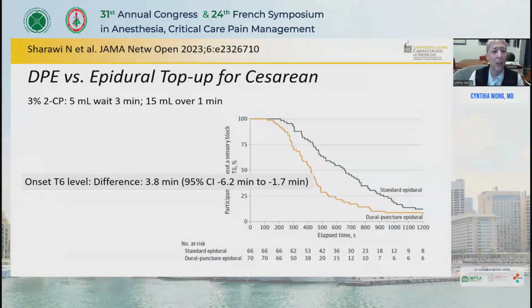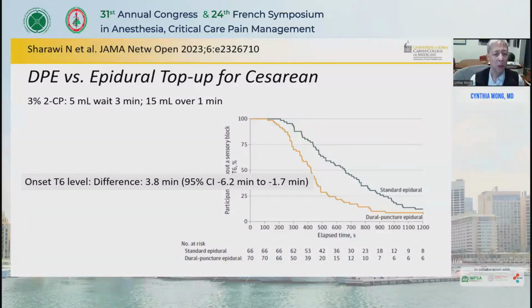This was a study that was done a couple of years ago where they asked women who were undergoing elective cesarean delivery, for which we would normally do a spinal anesthetic, right, to have epidural catheters placed to pretend that they were in labor.